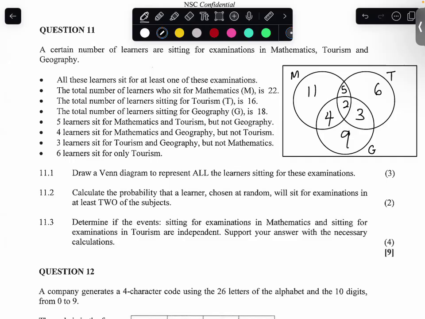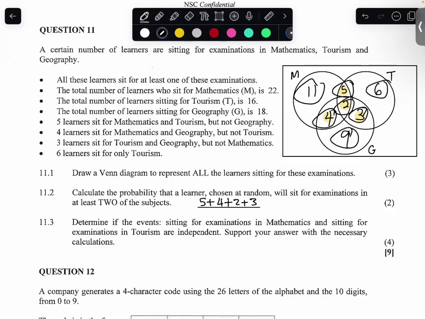So that means 2 or less. This question is saying, calculate the probability that a learner chosen at random will sit for examinations in at least 2 subjects. At least 2 means 2 or more. 2 or more is these subjects. These are 2. That's 2 or more. The one in the middle is 3. So to get the probability, you're going to say 5 plus 4 plus 2 plus 3 all over your total amount of students that's set for examinations, which is all of these combined.